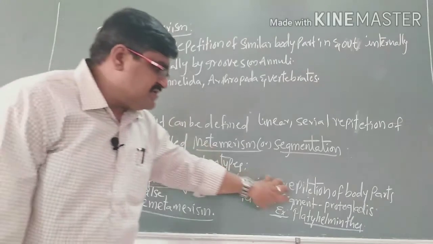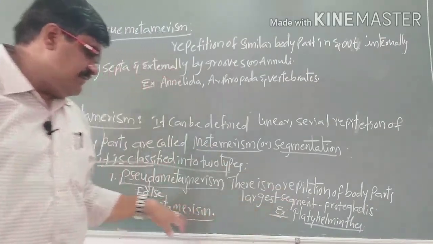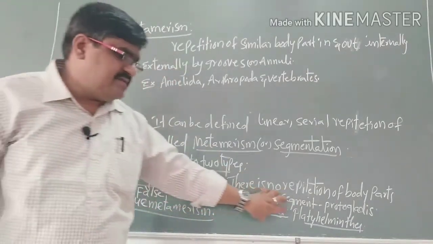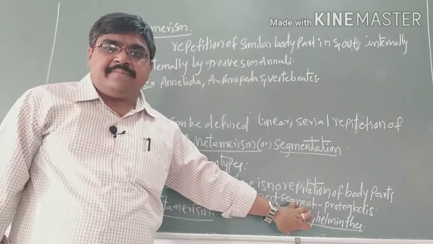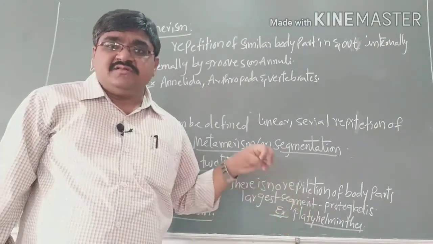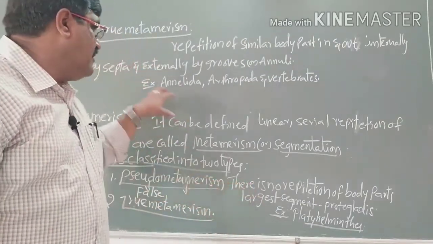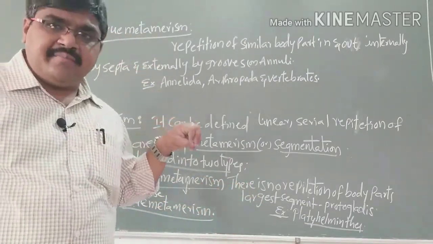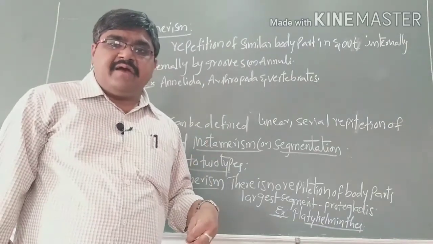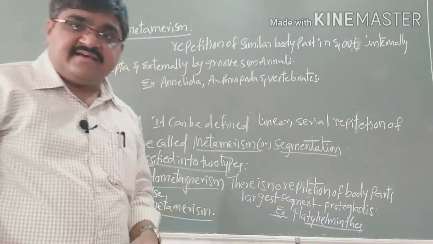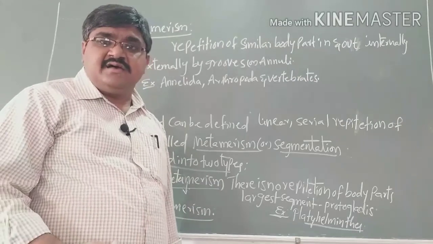Where there is no repetition of body parts, we call it pseudo-metamerism, for example in platyhelminthes. That is the topic of metamerism, and the remaining will be discussed in the next class.